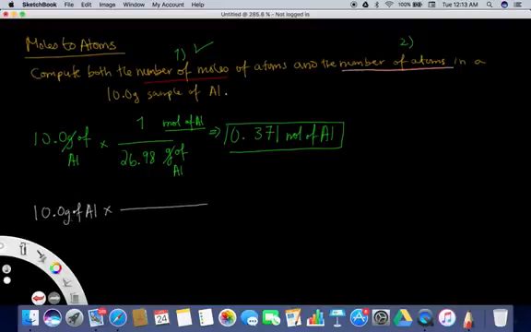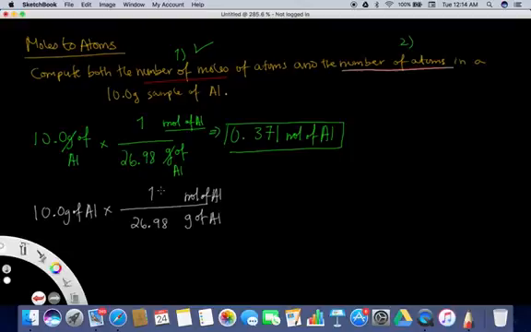So we want to get rid of grams of aluminum, so we know grams of aluminum has to be on the bottom so that the numerator and denominator units can cancel out. And on our top, the only conversion we can make from grams is moles of aluminum. So we can use the same conversion, 26.98 grams per 1 mole of aluminum. This is just the molar mass of aluminum.